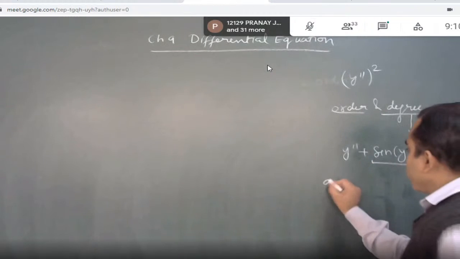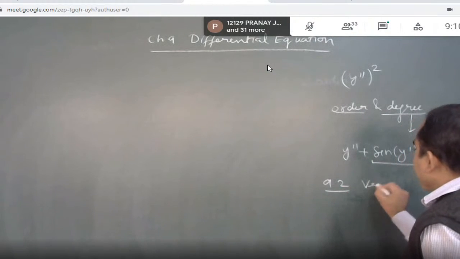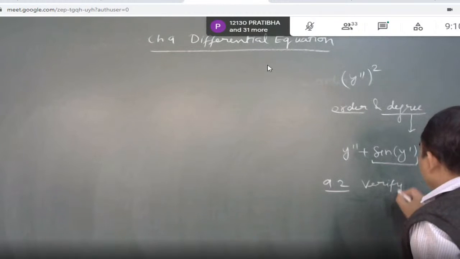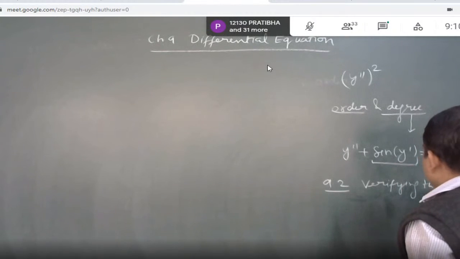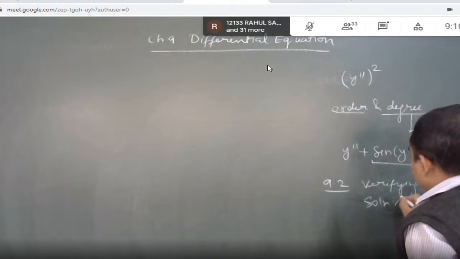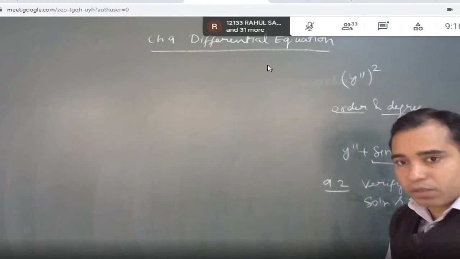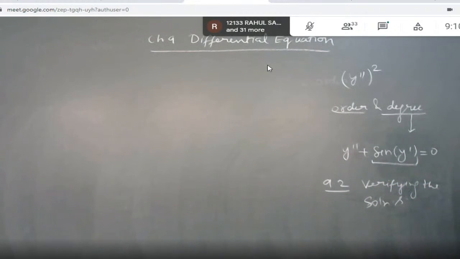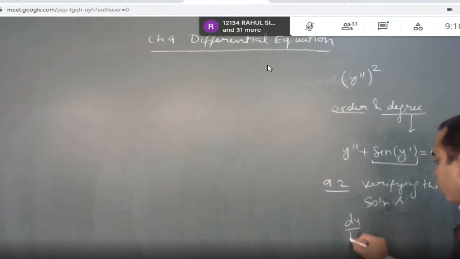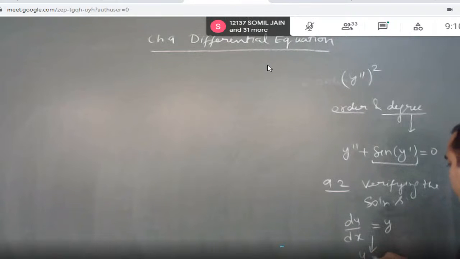Then 9.2 was about verifying the general solution. Verifying the solutions actually. We wrote that when we solve any differential equation, and get the solution y equal to something in terms of x plus c, what do we call that solution, students?